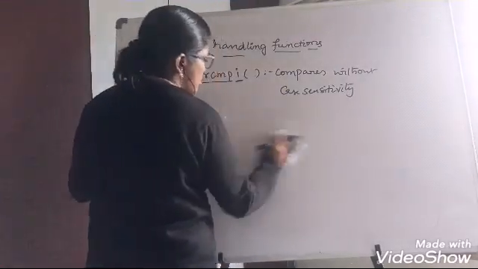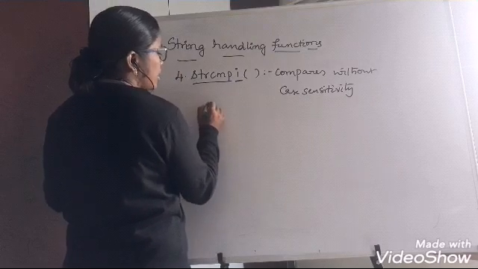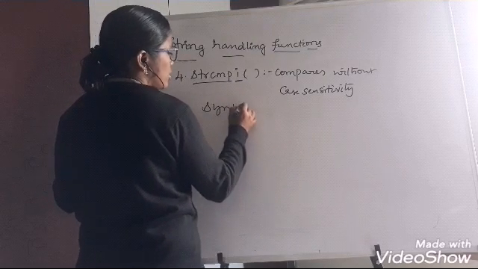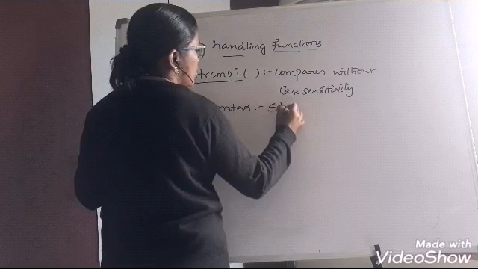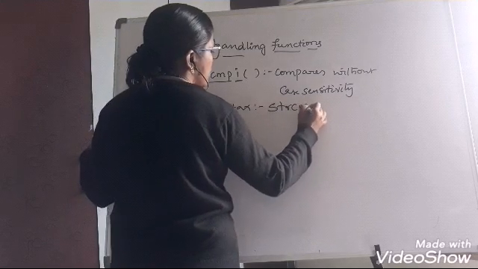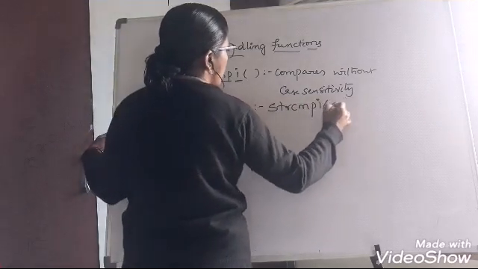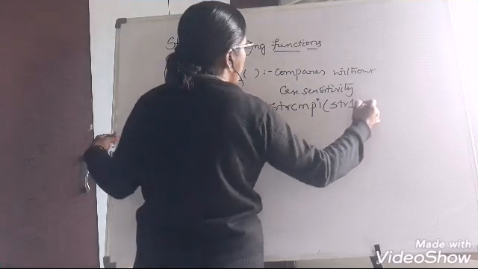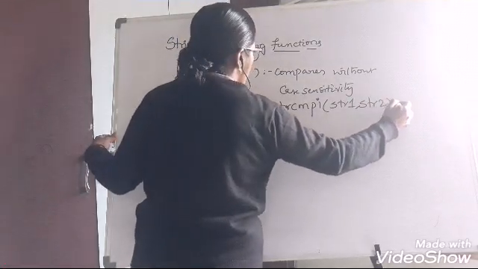So the syntax is the same like the previous function. Syntax: string compare I of string 1 comma string 2.